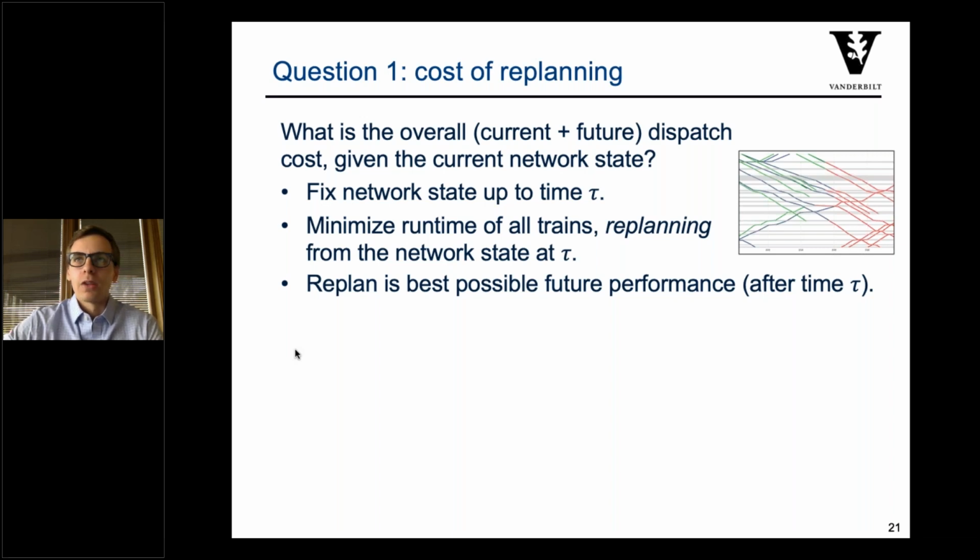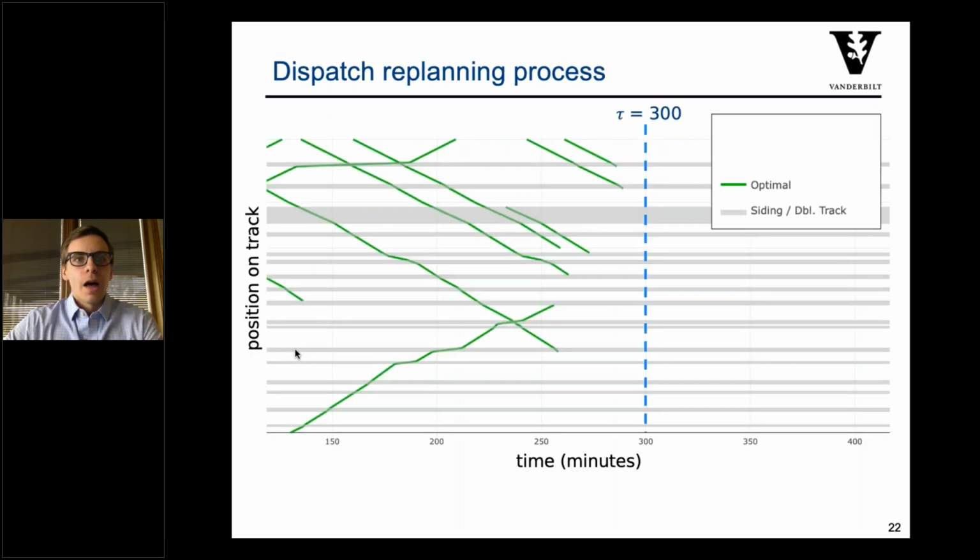So let me explain this graphically. Again, we begin the schedule or the dispatch scenario or the day, as it were, with an optimal or a baseline plan or schedule for how the trains will operate.